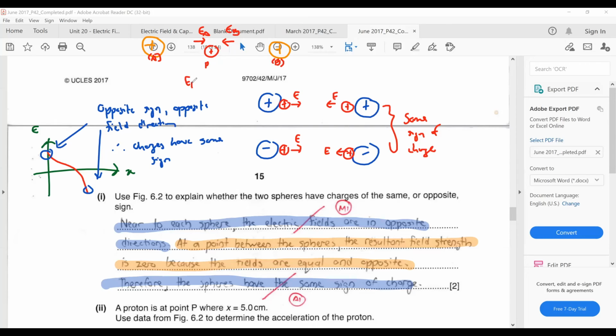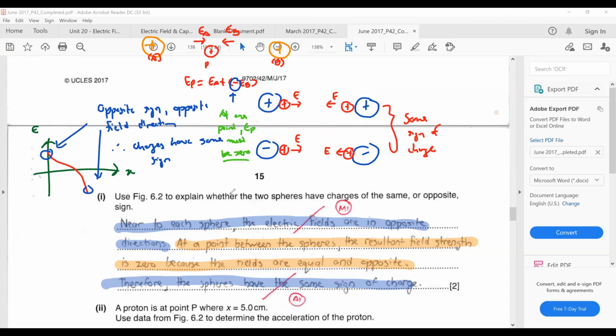So my EP at any point is actually EA plus negative EB, because you have this negative here. At one point, EP must be 0.